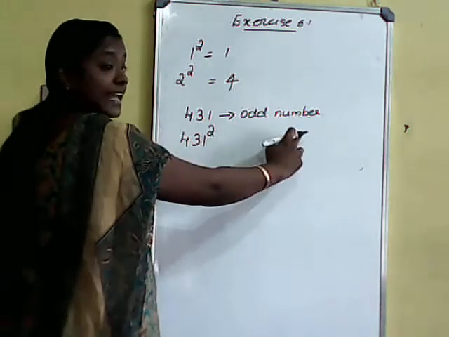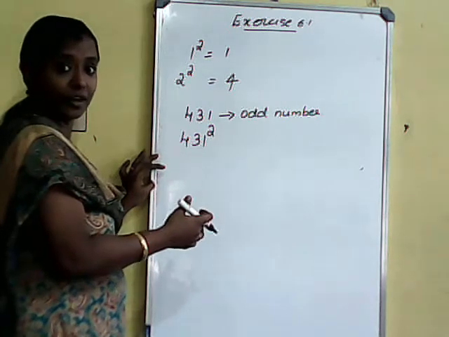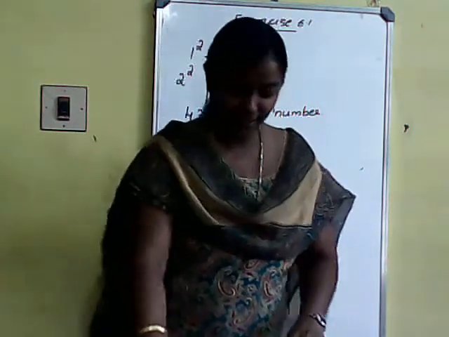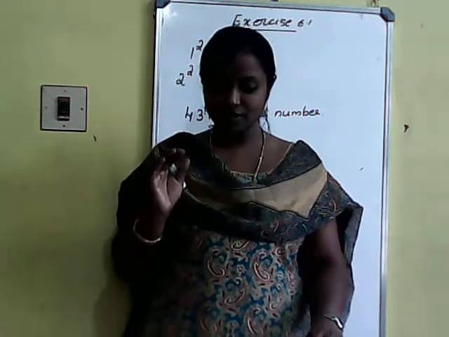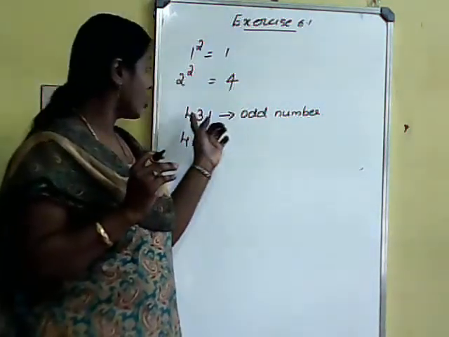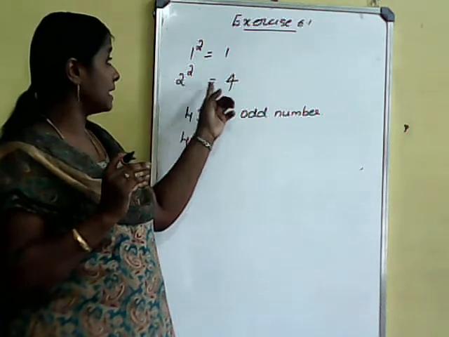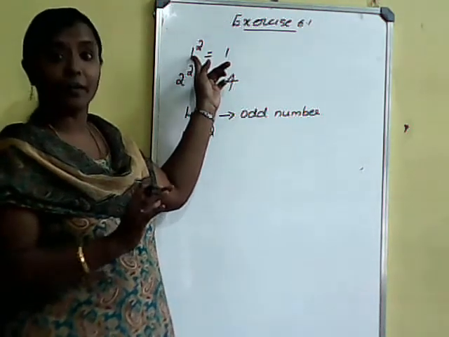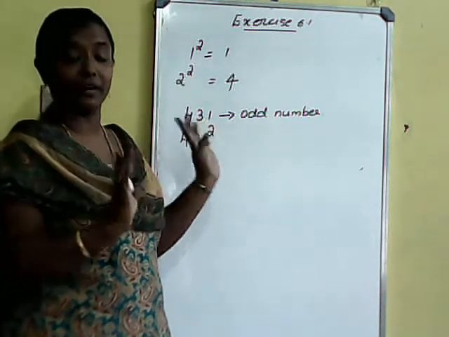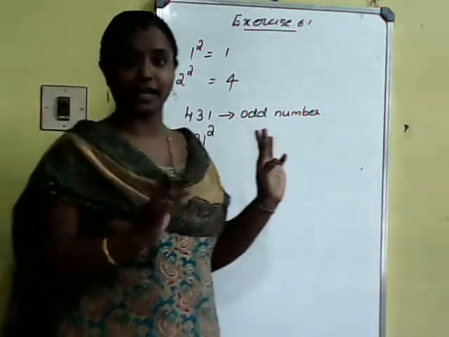The units place is again 1. So it is again an odd number. Clear? So what is the reason? The square of an even number is always an even number. The square of an odd number is always an odd number. That is the reason for this type of question.